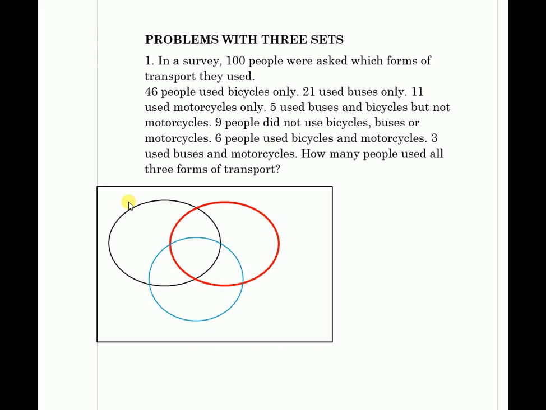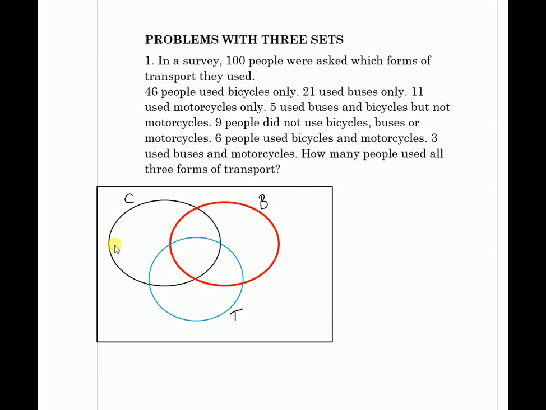I told you the reason for using different colors. Let us assume, let C denote bicycles, B for buses, and T for motorcycles.